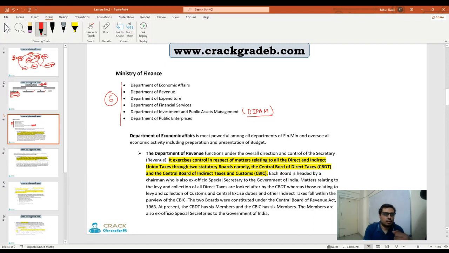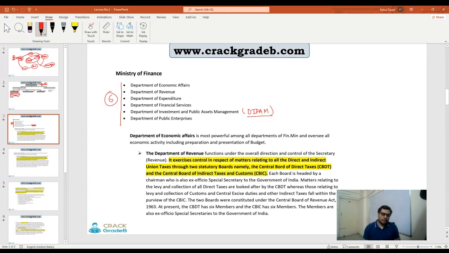Historically, it was not part of the Ministry of Finance. When the Indian economy implemented reforms, I told you in the very first lecture when I was briefing you about the syllabus, we will discuss the history of the Indian economy in two sets. One is till 1991, before independence till 1991, and second part is from 1991 onwards.